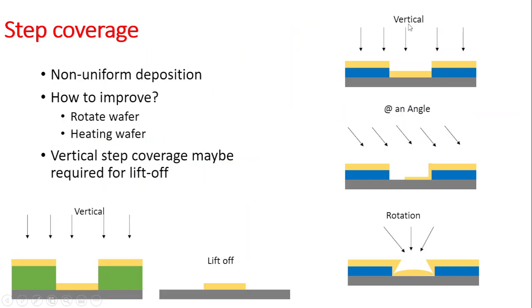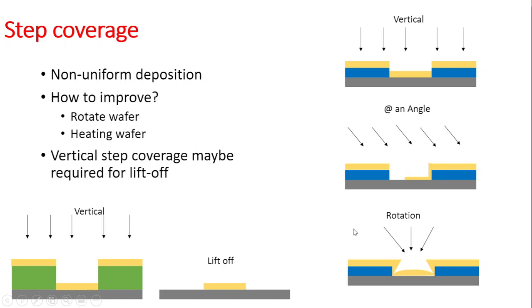So sometimes you can have a vertical deposition, that kind of deposits something like this. But some of the wafers, you'll see that they have this kind of angled deposition, so they can result in non-uniform deposition.